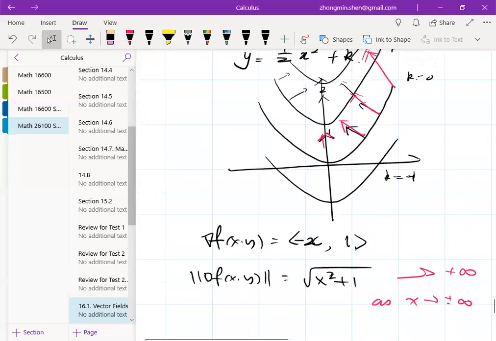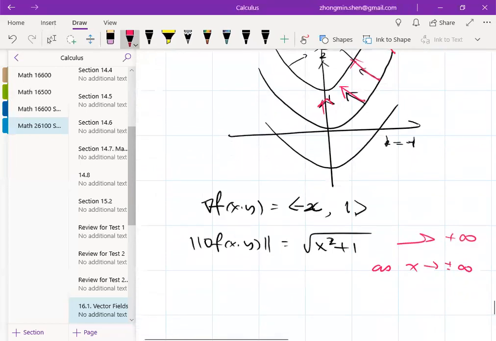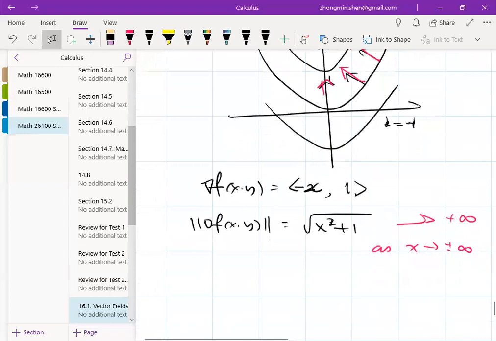You find the length to help you sketch the graph. Instead of putting identical vectors of the same length, now you change it, and the vector becomes more horizontal. What is the angle between the x-axis and the gradient?